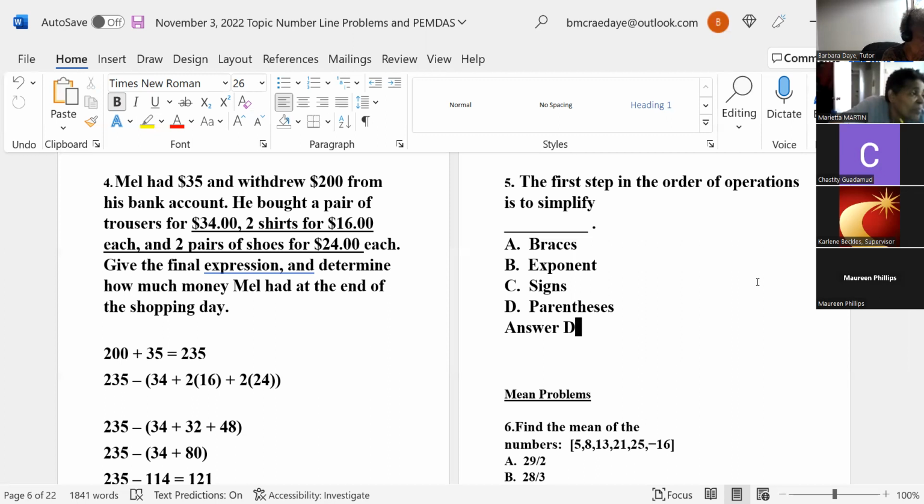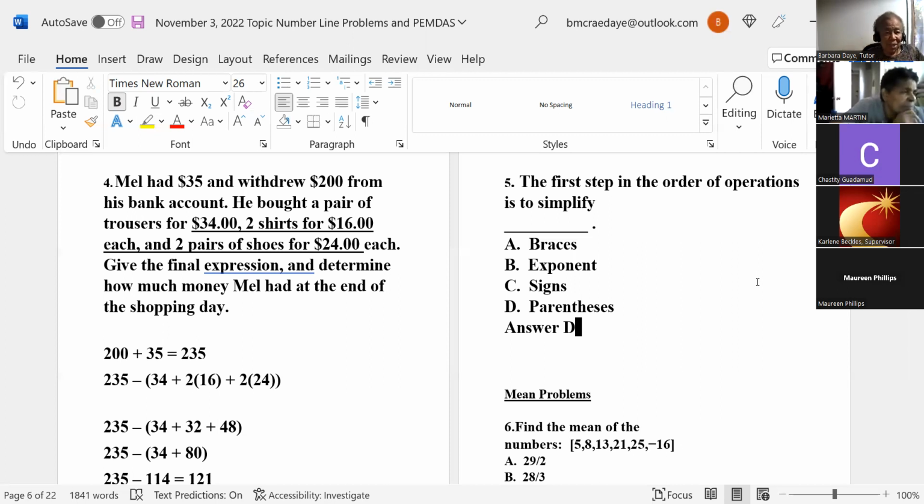Check number 5 for A being parentheses. Because if it changed, then I've got to find out what's going on here. Well, anyway, I'll look at what I sent you and make sure it matches. Because it's very possible that I changed the letters of the choices but didn't send you what I changed. So that's why I'll check it.